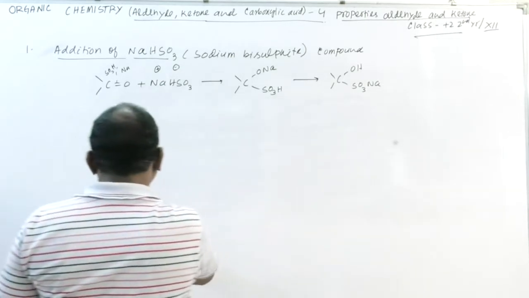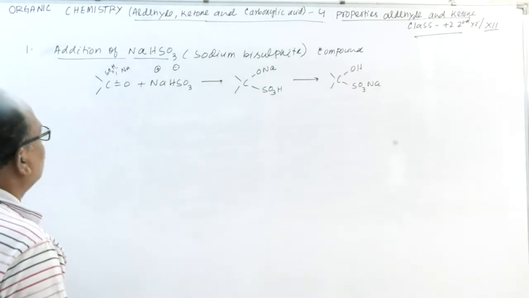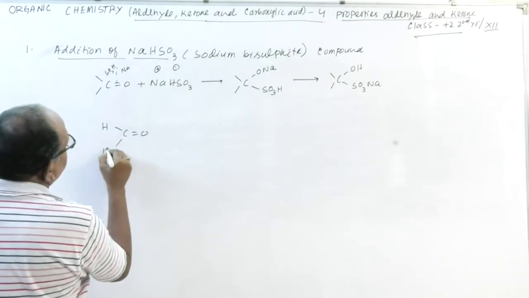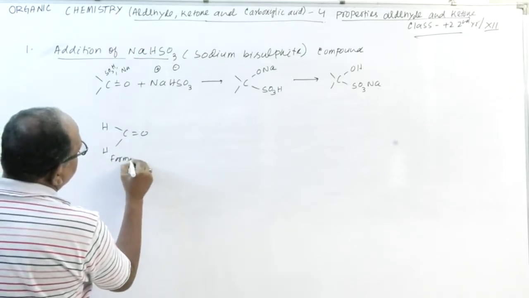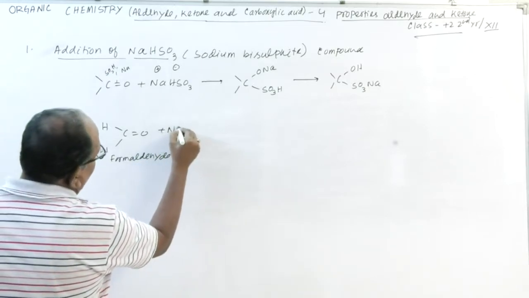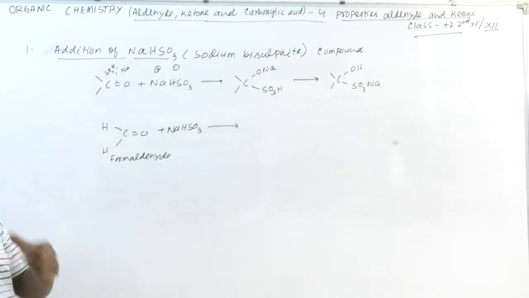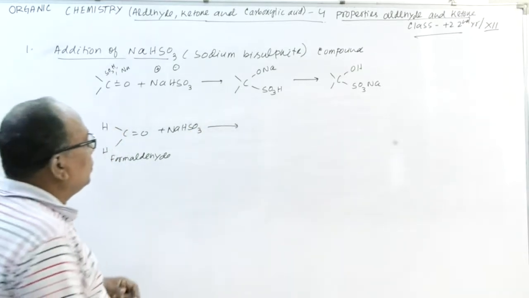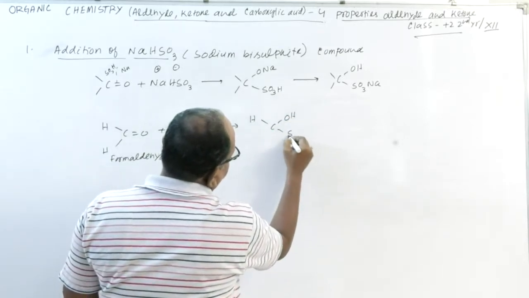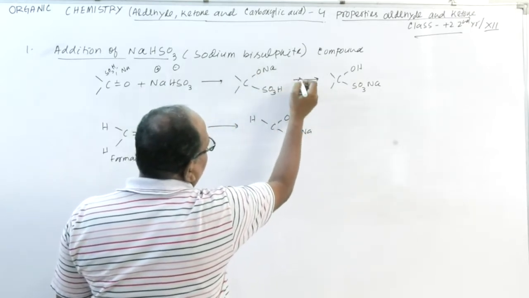Suppose you take formaldehyde, you take acetaldehyde, you take acetone. Suppose this is your formaldehyde with sodium bisulfite. This will rearrange and give you, directly in this step, a proton transfer.